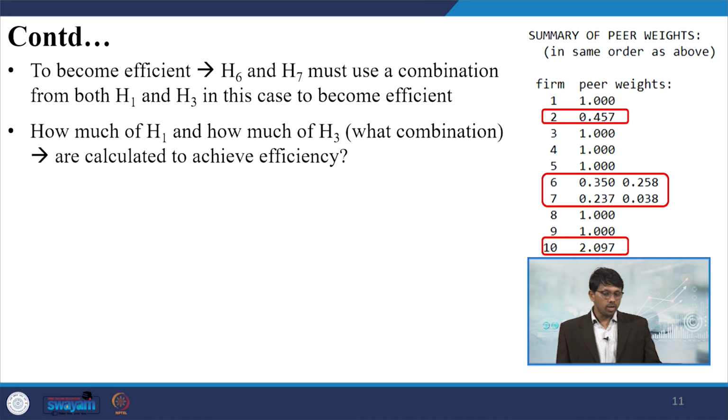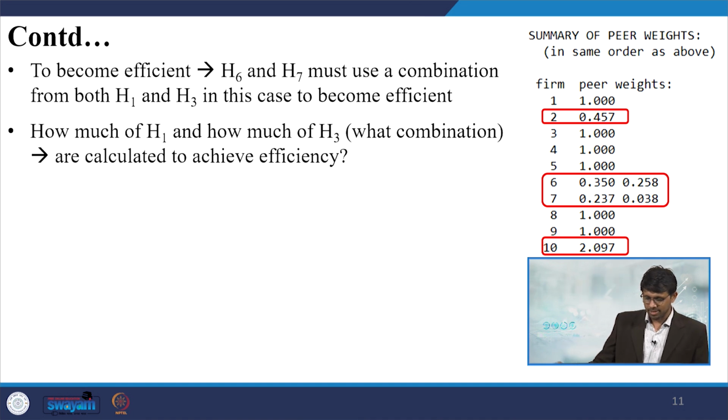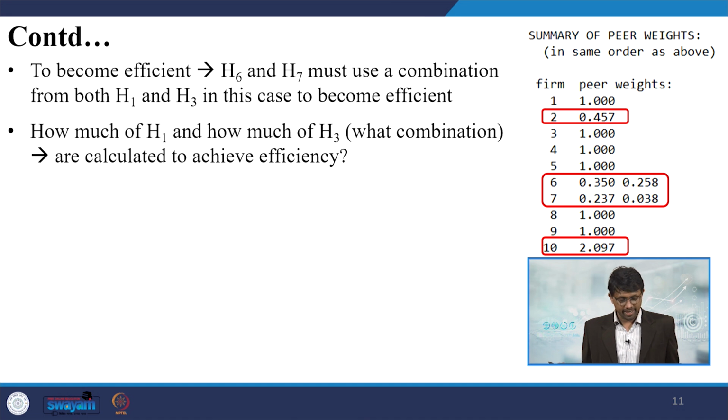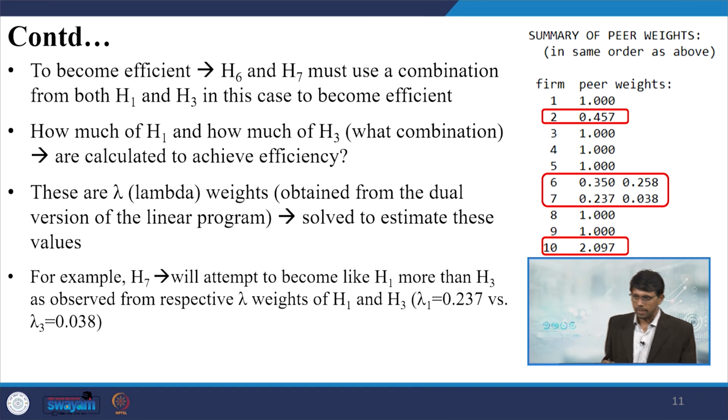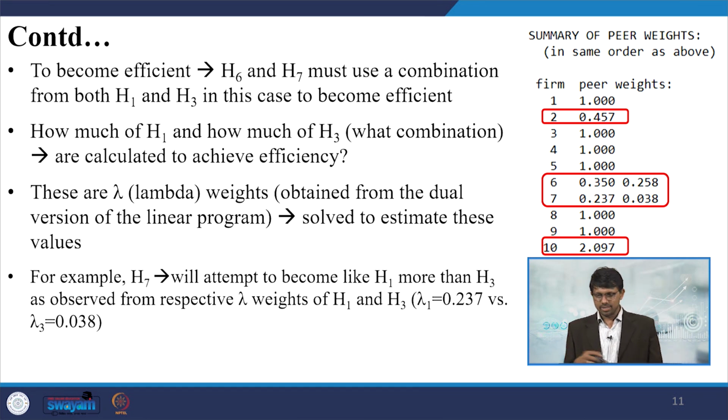How much of H1 and how much of H3 as a combination to be taken, it requires a little calculation, and this calculation must be taken very seriously. That is precisely called lambda, okay, as weights, and then only efficiency can be achieved.